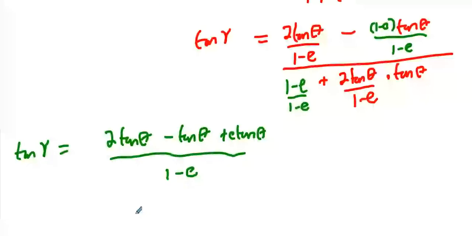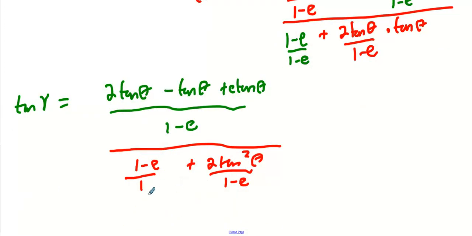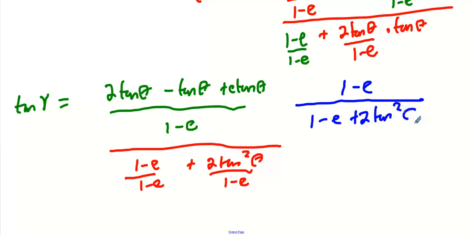I'm going to do the bottom one in a separate color. You'll see why in a second. It's going to be 2 tan squared theta over 1 minus e. And that's going to be 1 minus e there. Now, what we can see is they actually have a common denominator. But if I was to bring this up and turn it upside down, what it'd be is 1 minus e, and then it'll be 1 minus e plus 2 tan squared theta.